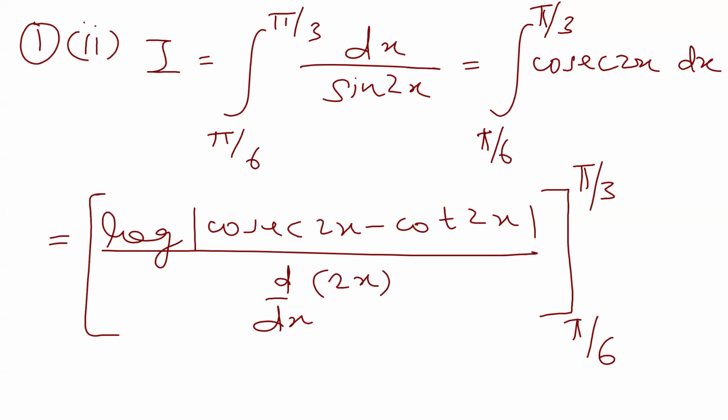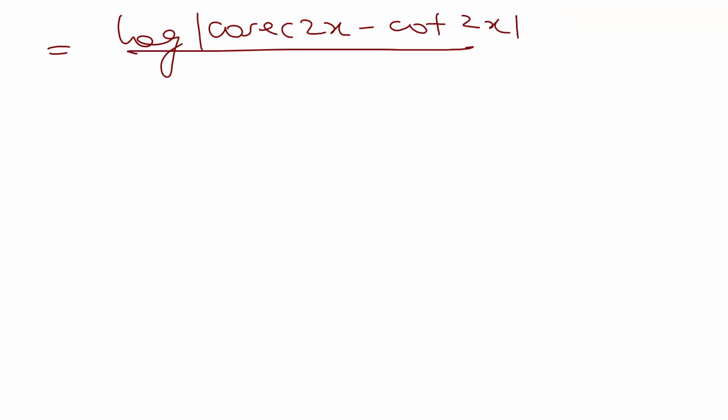So this is log modulus cosec 2x minus cot 2x upon 2. The lower limit is pi by 6. The upper limit is pi by 3.